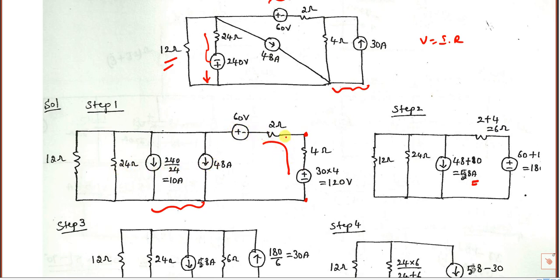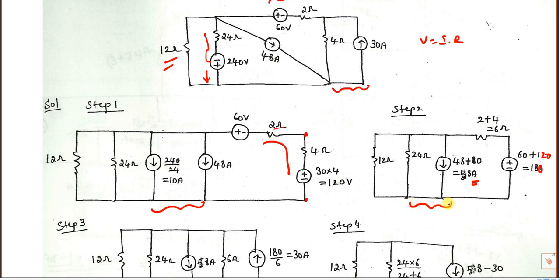In series I can add these two voltages, 60 and 120, plus minus, plus minus. 120 plus 60 is 180, and these 2 and 4, if you add, you will get 6.